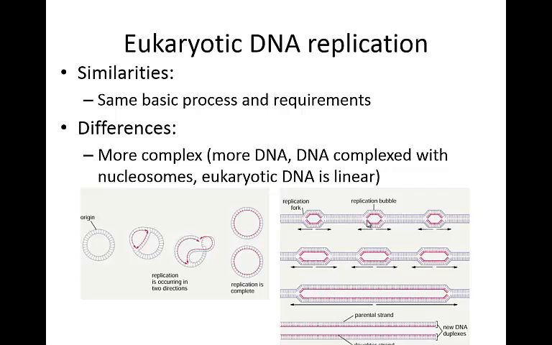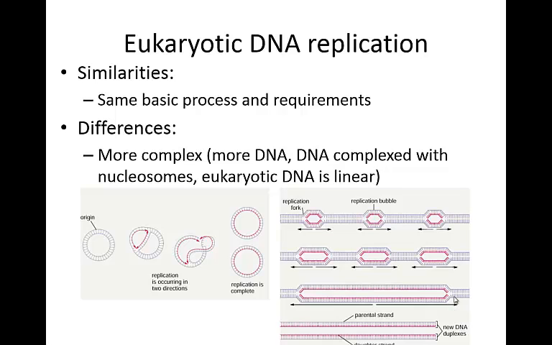So within these bubbles, there are actually two replication forks, and they're occurring bidirectionally. As replication proceeds, these replication forks become nearer and nearer to one another until they become basically one long complete strand. And at the end of it, you have the two new DNA complexes.